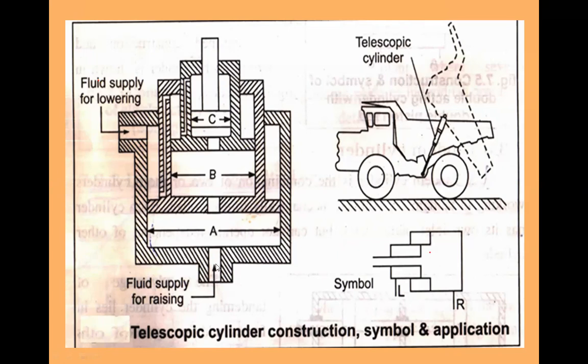From this port you can take fluid inside, at this portion, that means A. That time it will apply force on this surface, and simultaneously some part of the fluid will come inside this B cylinder and exert force on this surface, and simultaneously some fluid will come inside this C and exert some pressure on the C piston also.